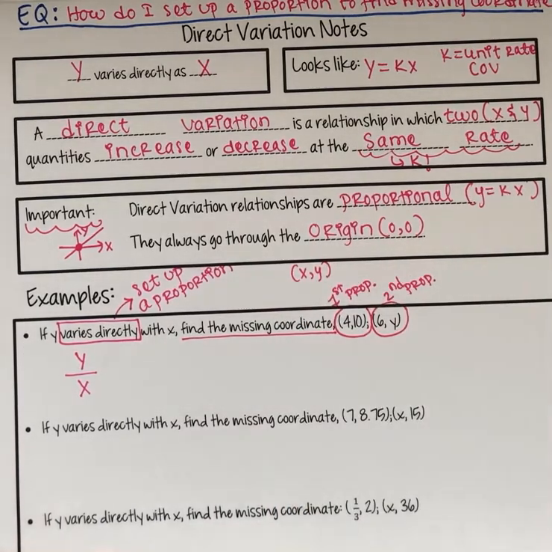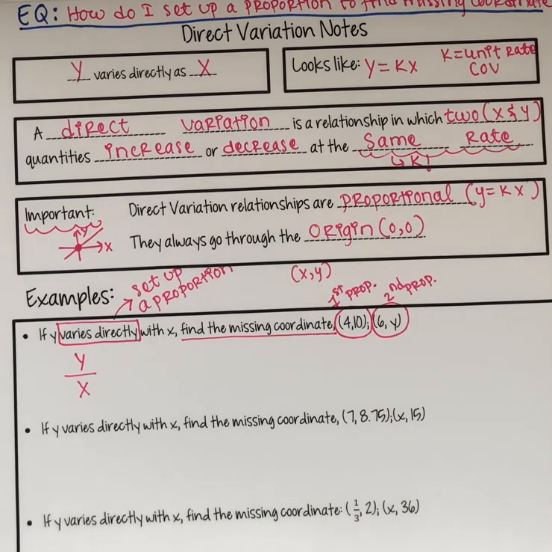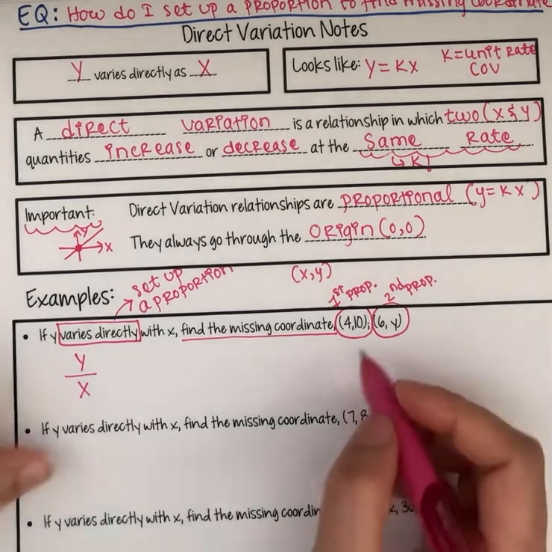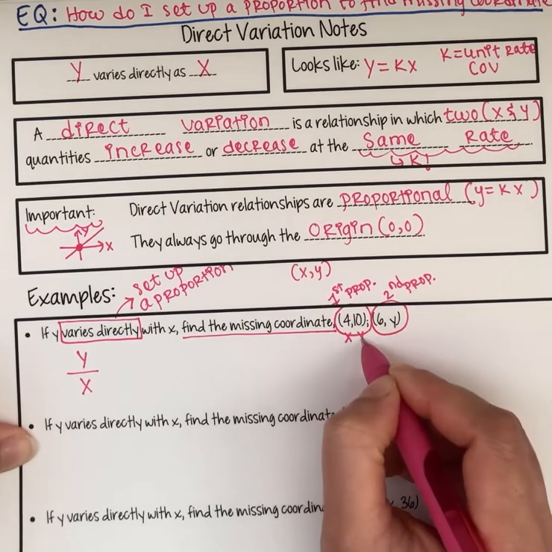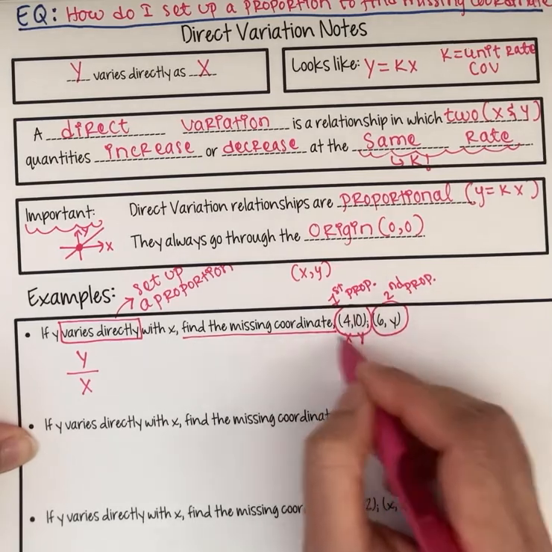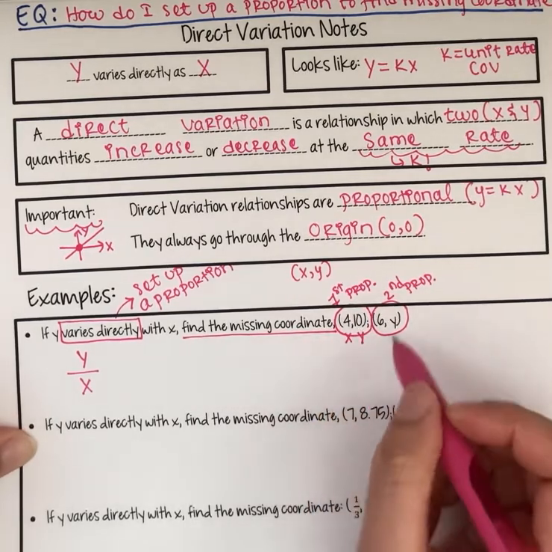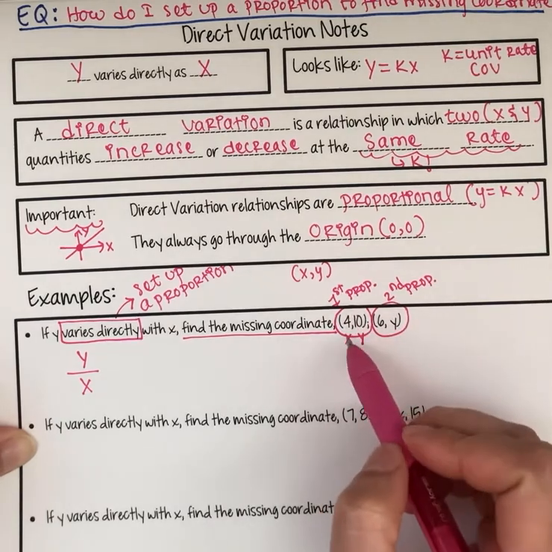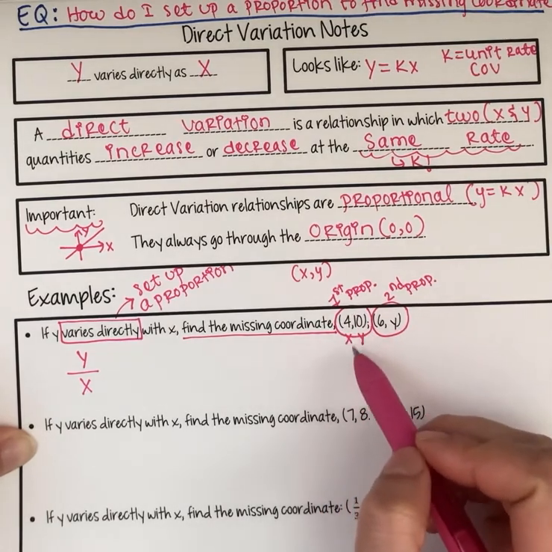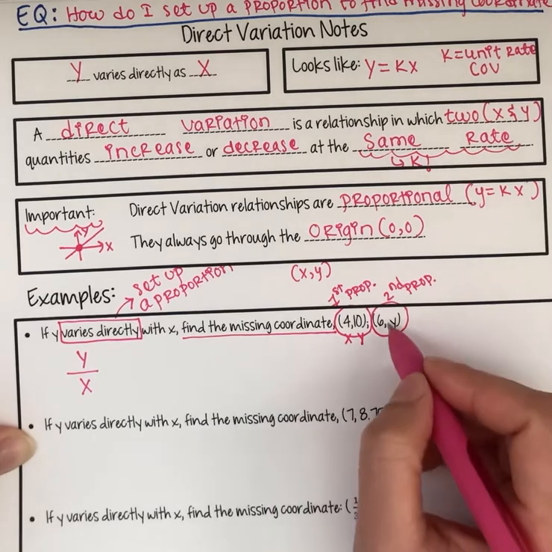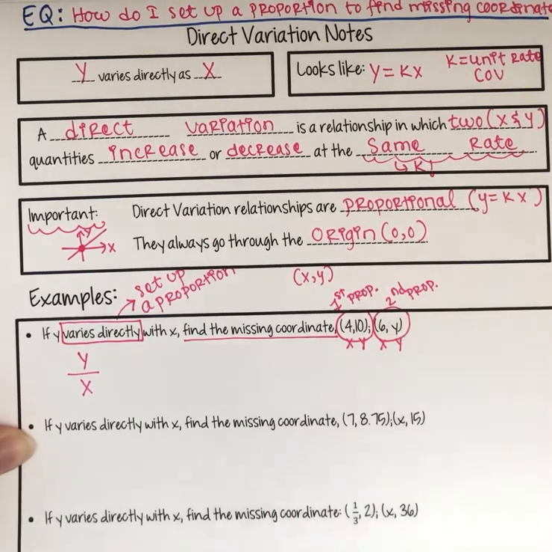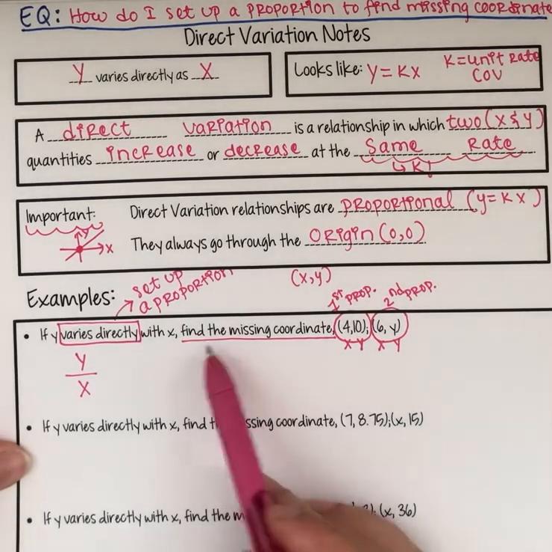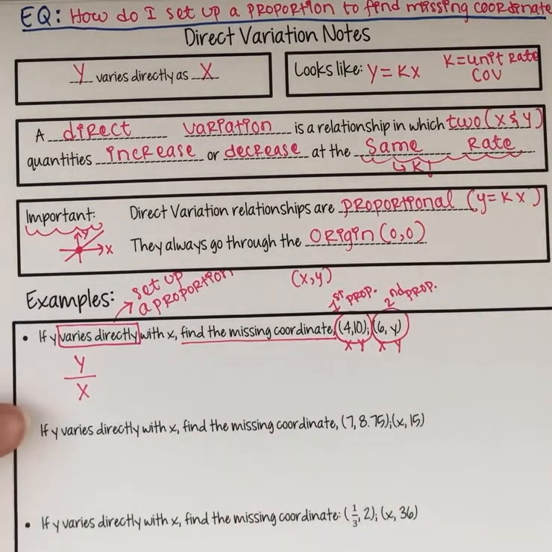The x comes first in the alphabet also, so you always go x, y. So 4 is your x value and 10 is your y value because 4, 10 is a coordinate pair. So this coordinate pair has both of the coordinates, 4 and 10, or x and y, but this one only has our x coordinate. It is missing the y coordinate. And that's what it asks us to find, okay?